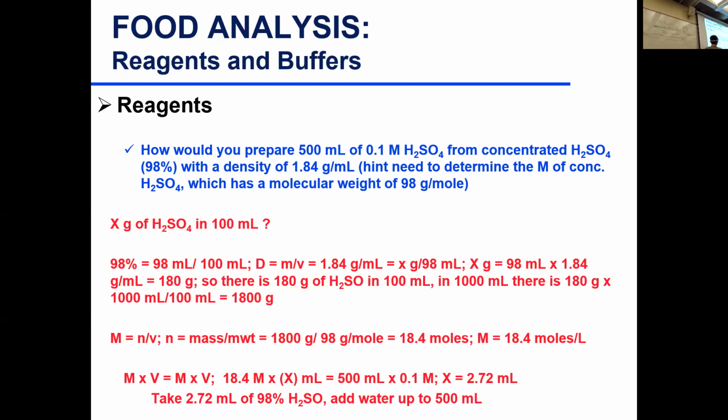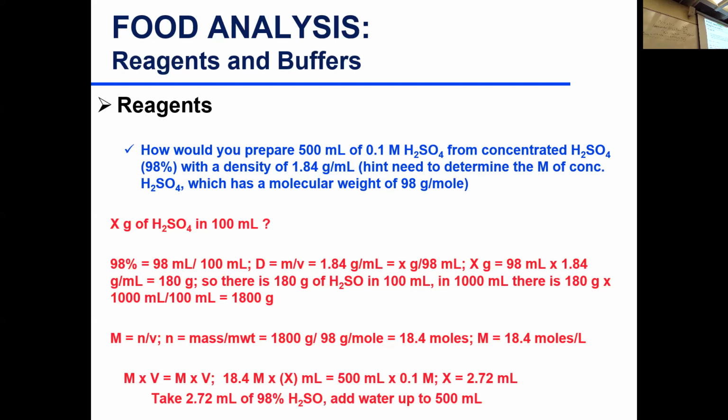The density is mass over volume, so multiplying volume by density, I get 180 grams. So there's 180 grams in 100 ml. In 1,000 ml, multiplied by 10, I get 1,800 grams. So now I have 1,800 grams in my liter.